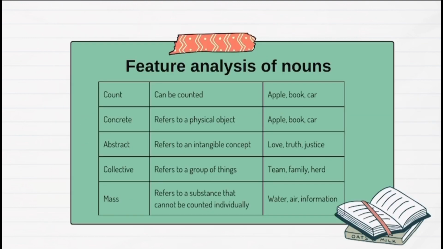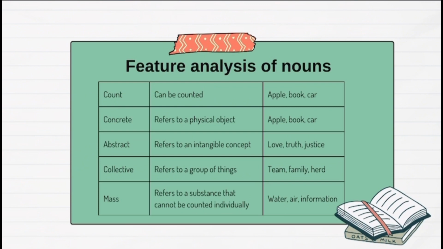Feature analysis of nouns. Count nouns can be counted, for example apple, book. Concrete nouns refer to a physical object, while abstract nouns refer to an intangible concept, love, truth.